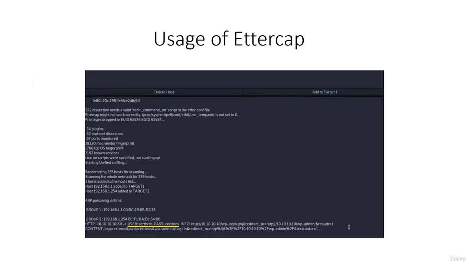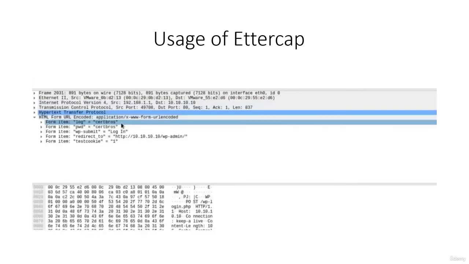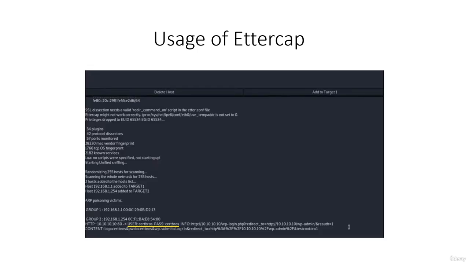Then after that, we explore the password field in Wireshark, as messages are not encrypted using the HTTP protocol. Then Ettercap automatically detects and displays the packets and frames, as you can see here, both for the password field.